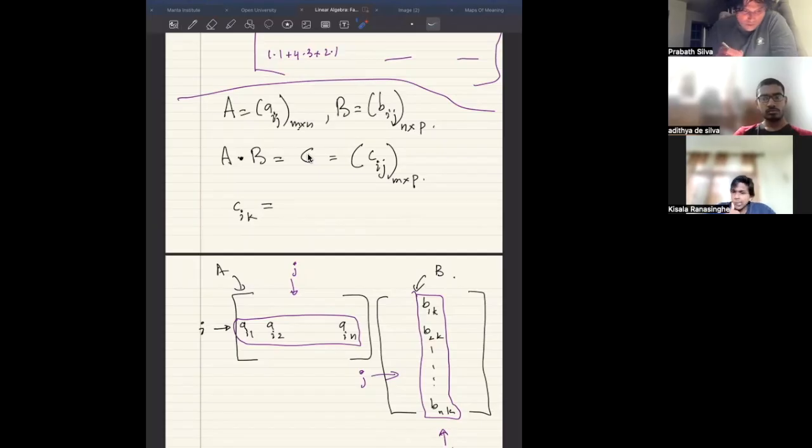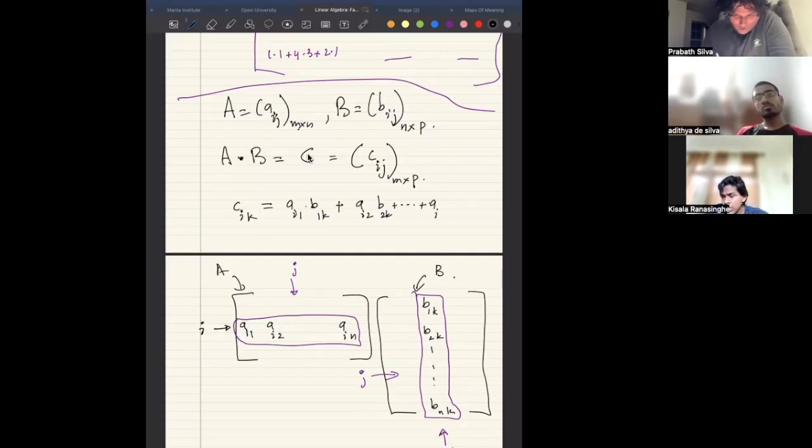So this is going to be A_i1 times B_1k plus A_i2 times B_2k plus dot dot dot A_in times B_nk.